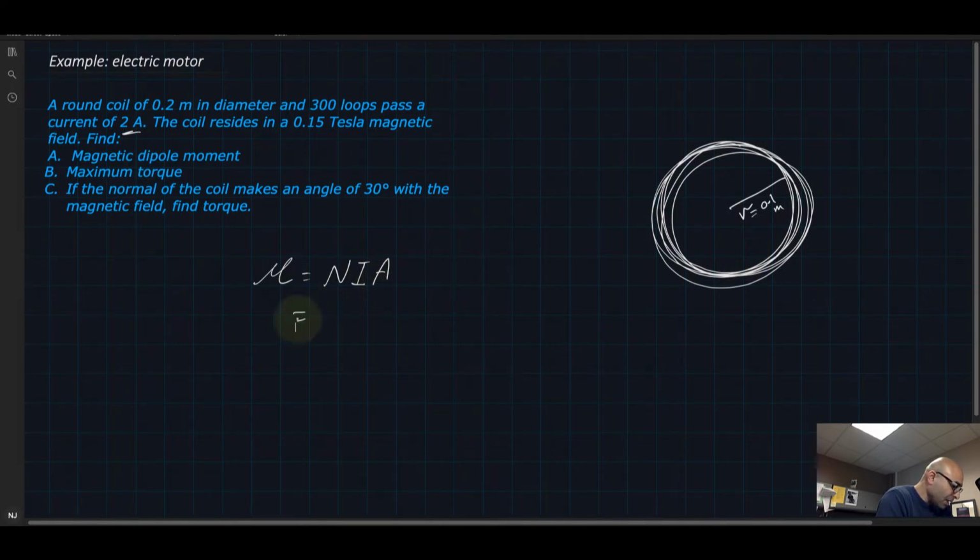So let's just plug in the information. We have 300 for the number of loops. The current is 2 amps, and A is equal to pi times r squared, and we agreed that r is half the diameter and we need to square it.